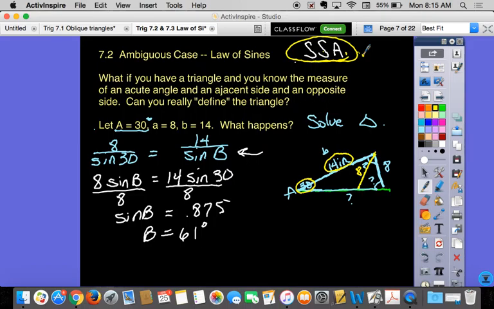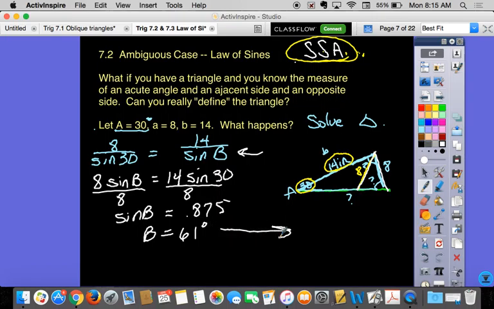Well, for us in trig, we are looking to solve the triangle. What it does for us is it creates options. This is the reason why it's called the ambiguous case. It could be this case, or it could be this case. You have to cover both of them, just to be sure.